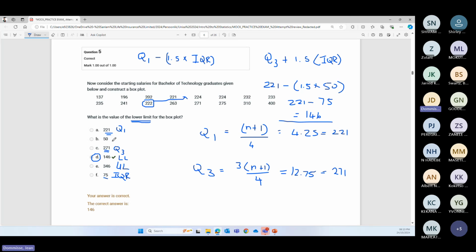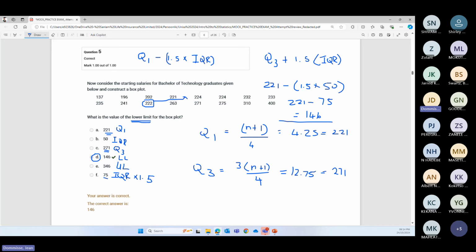Your 75 is the interquartile range times the 1.5. Phew, there are so many things in here: you've got the interquartile range, you've got Q1, you've got Q3, you've got that IQR times 1.5, and you've got the upper limit and lower limit.